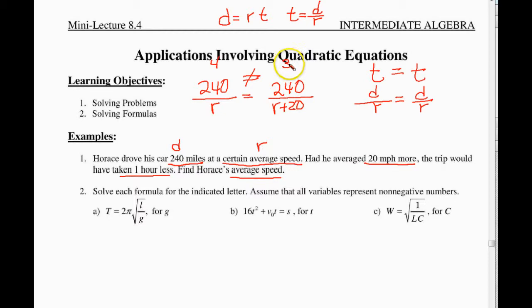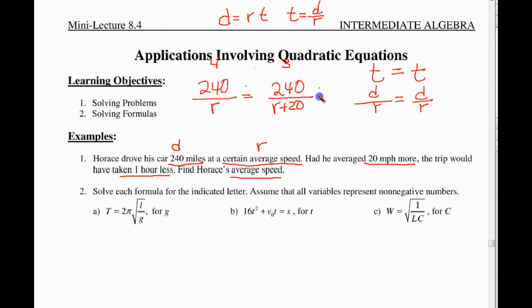So if this is 3 hours of time, what do we have to add to this side, because this is time, to make this equal to 4? This is 3 hours. What do we need to do to this side to make it equal 4 hours?